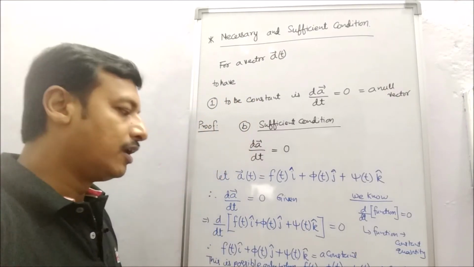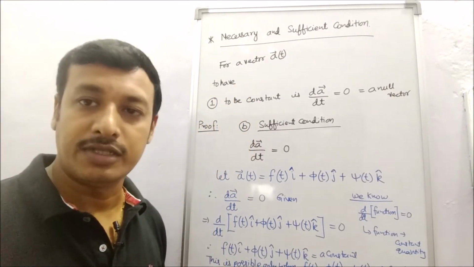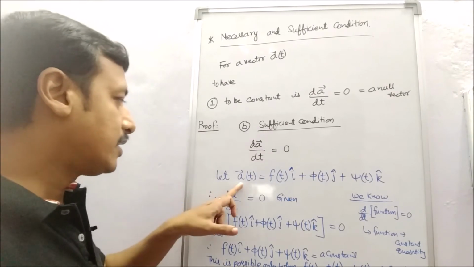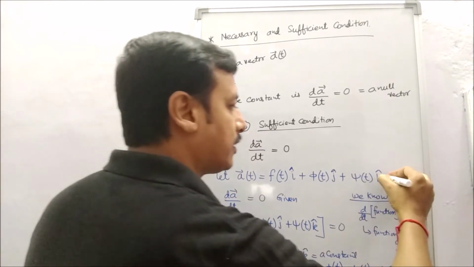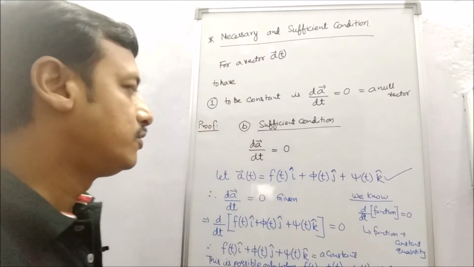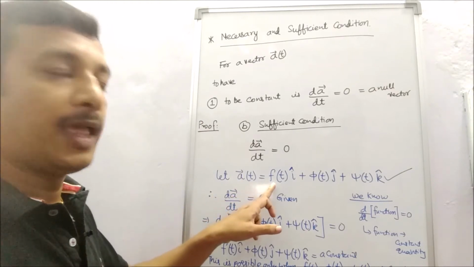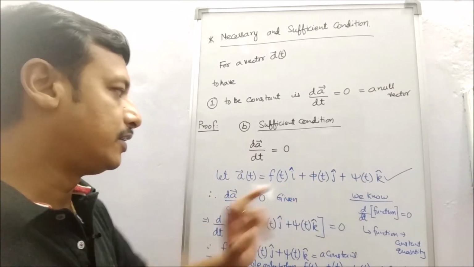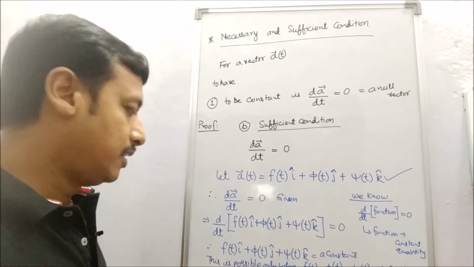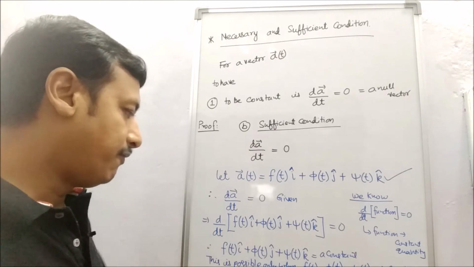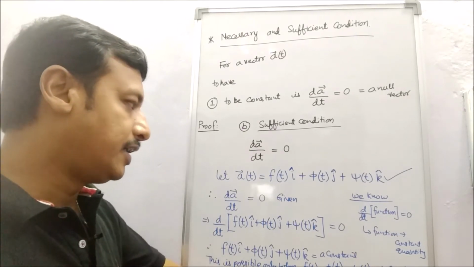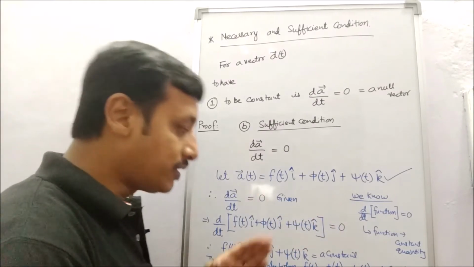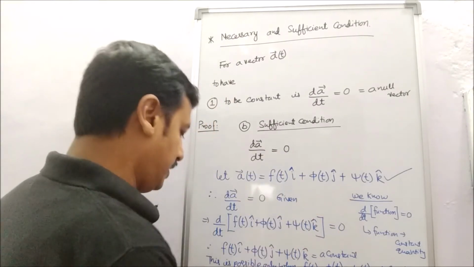We have assumed that A(t) is equal to f(t), phi(t) and psi(t), and we have proved that f(t), phi(t) and psi(t) are constant.